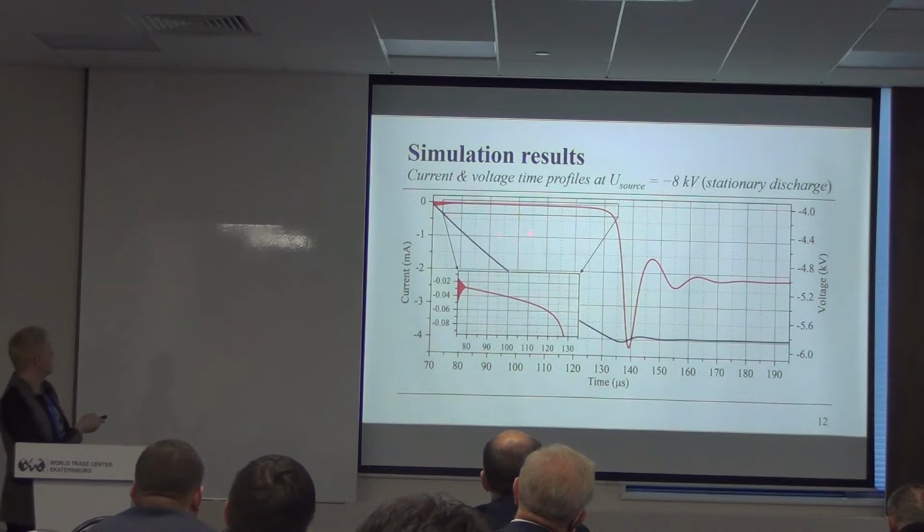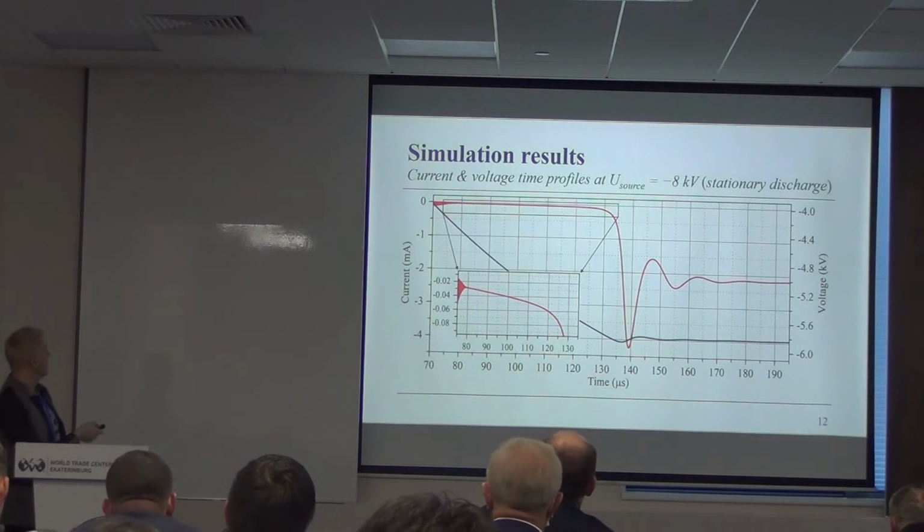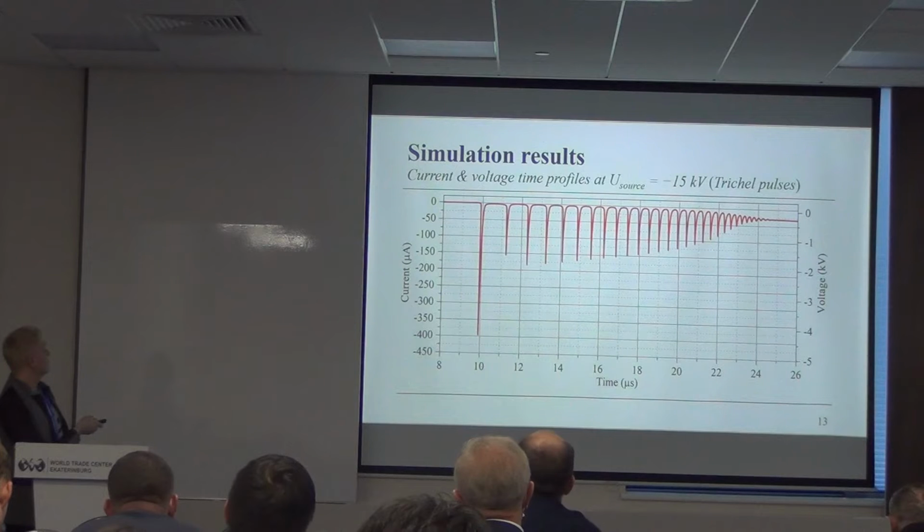What goes next? Here it makes a smooth transition to the stationary discharge. You can see the smooth current decrease and the breakdown process. And if we increase the applied voltage 2 times, you can see the number of pulses exponentially decreases.